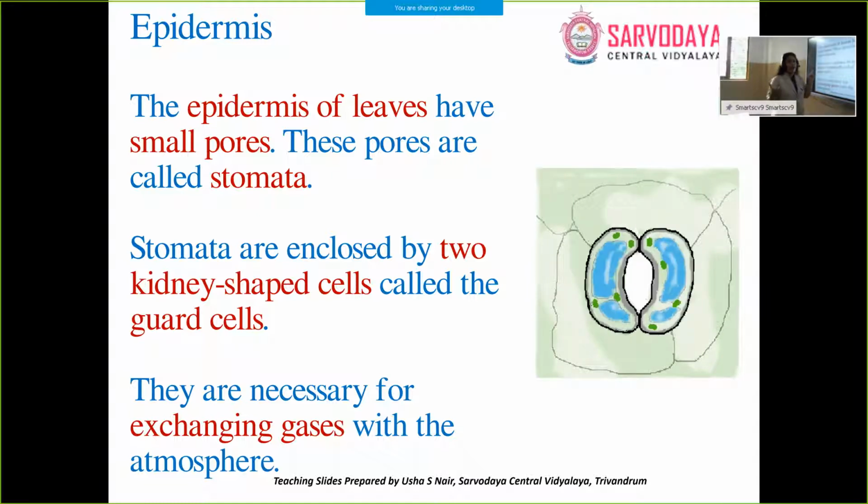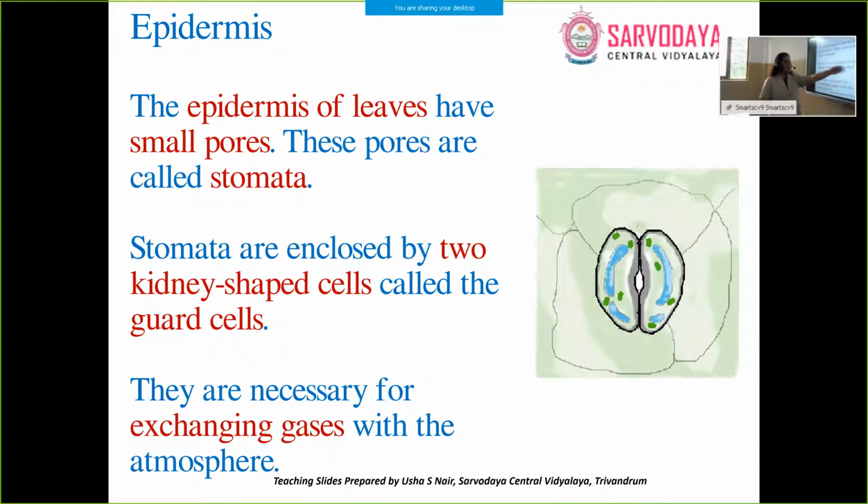has small pores, and we know these pores are called stomata, and they are guarded by bean-shaped cells, the kidney-shaped cells called the guard cells. Stomata are necessary for exchanging gases with the atmosphere.